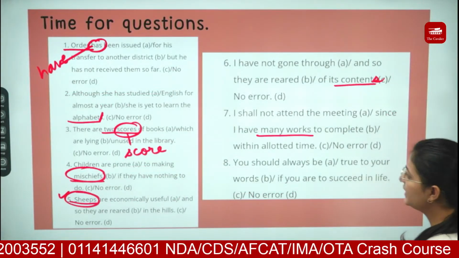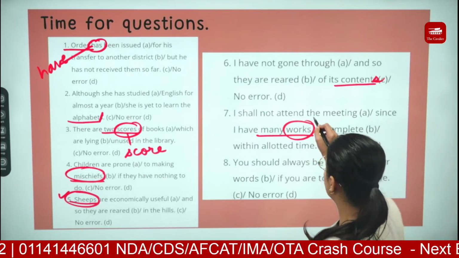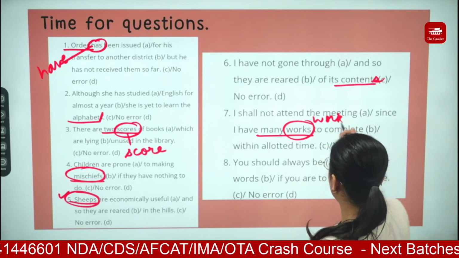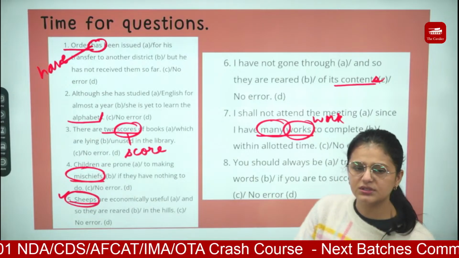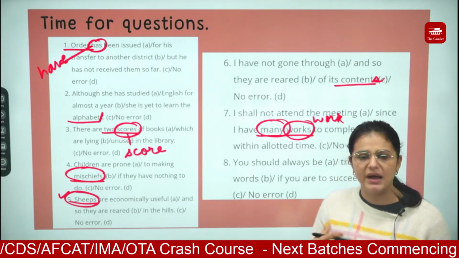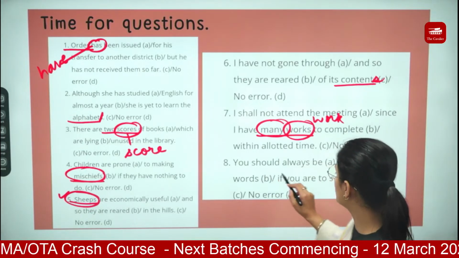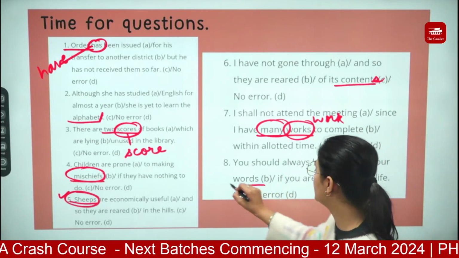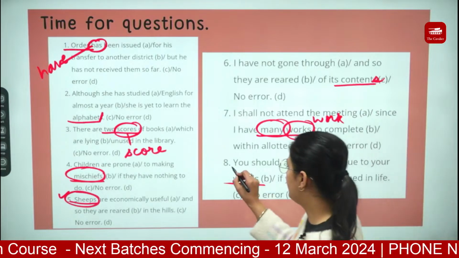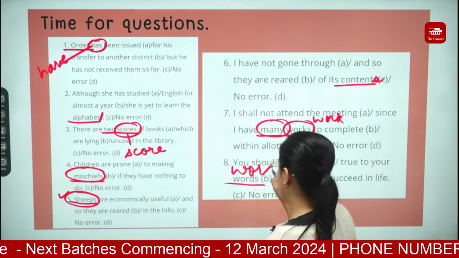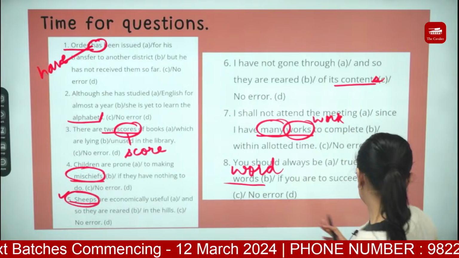That is why instead of works, होना चाहिए work. और यहाँ many की जगह हम क्या use करते हैं? Uncountable में much. Okay, that's the next. You should always be true to your words. Not words, but word. Okay, next.